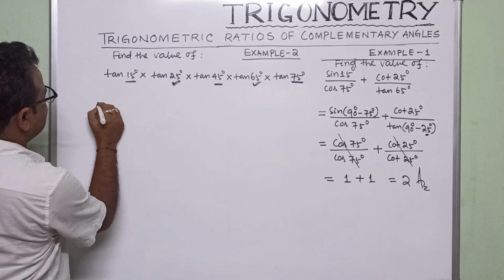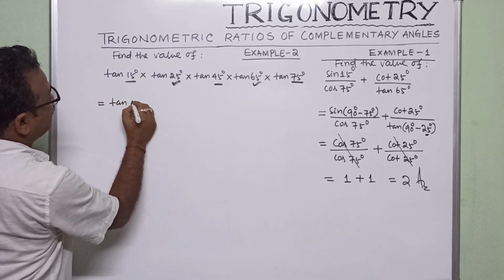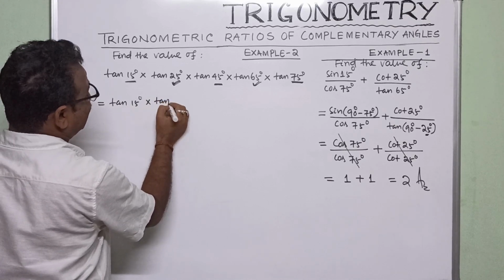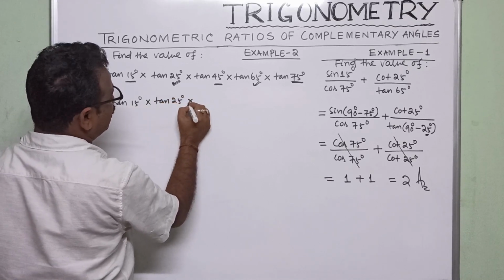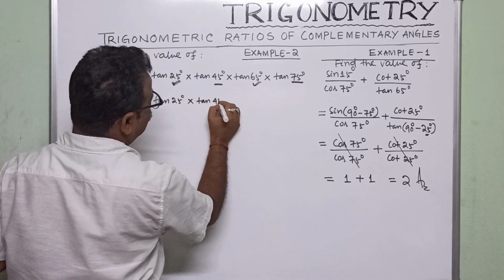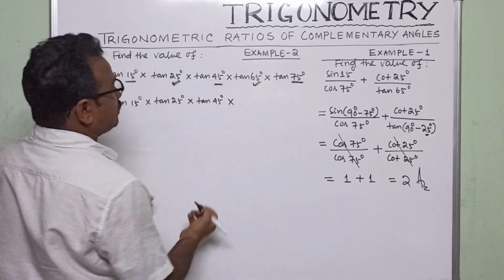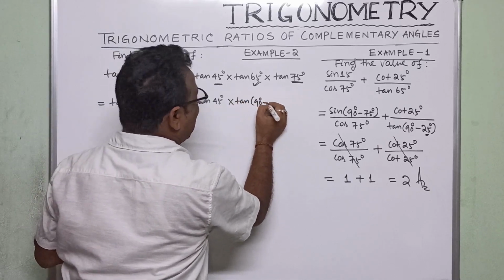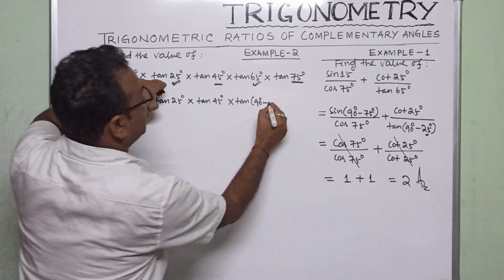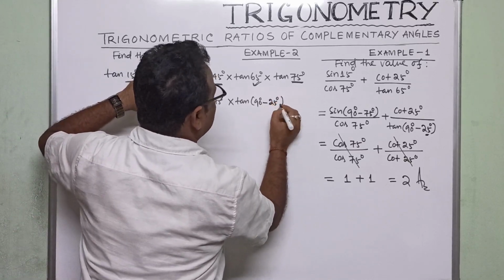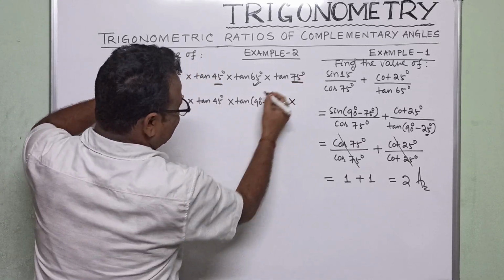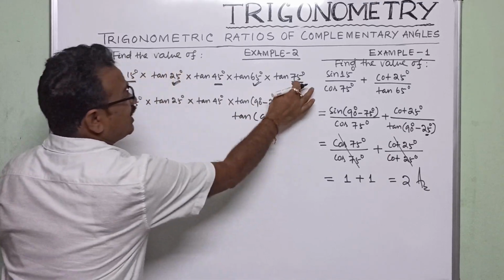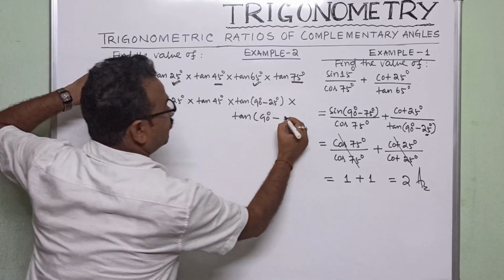So now we will write here, arranging it: tan 15 degree into tan 25 degree into tan 45 degree into tan 65, which is tan 90 minus 25, into tan 75, which is tan 90 minus 15.